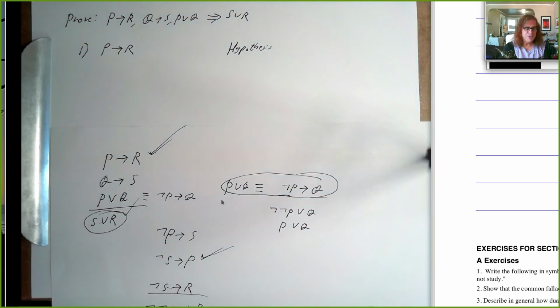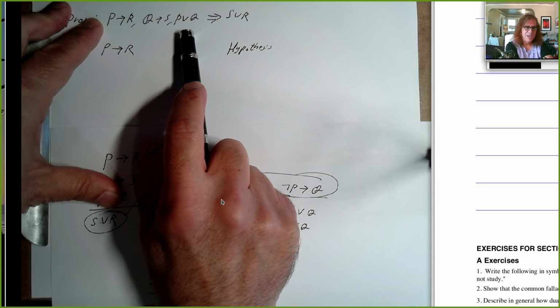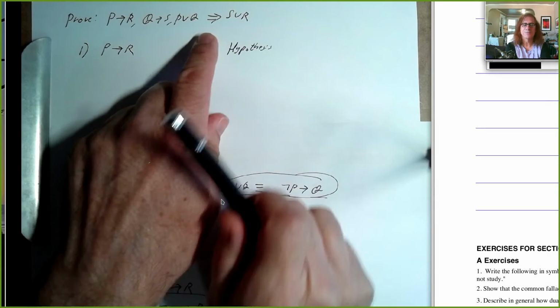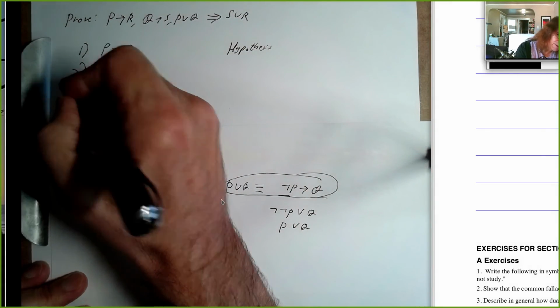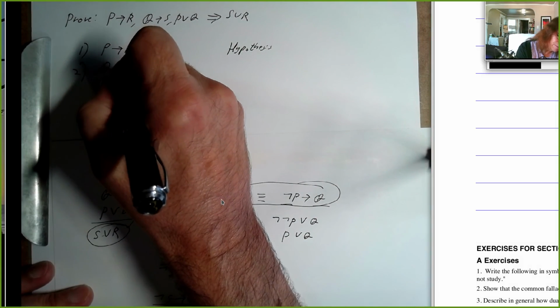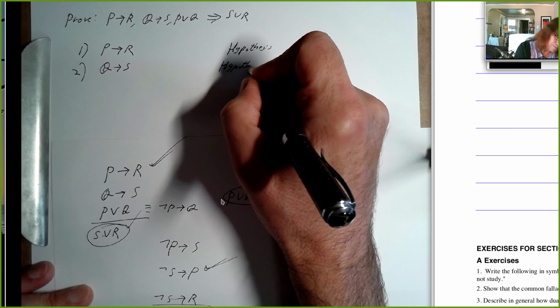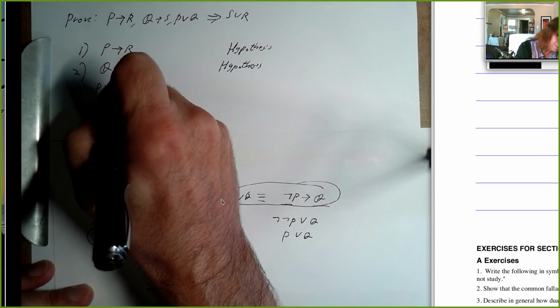The way we're proving this is by assuming the three hypotheses are true, and then using these rules of inference to conclude S or R. So that's a hypothesis. Line 2 is going to be another hypothesis. And line 3 will also be a hypothesis.